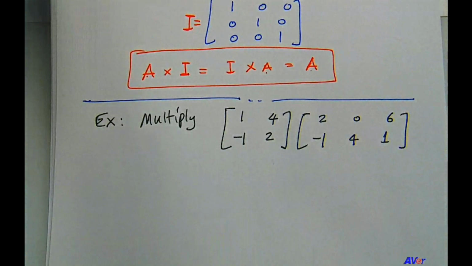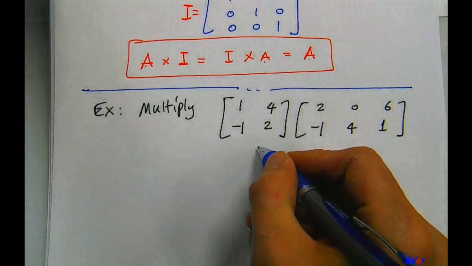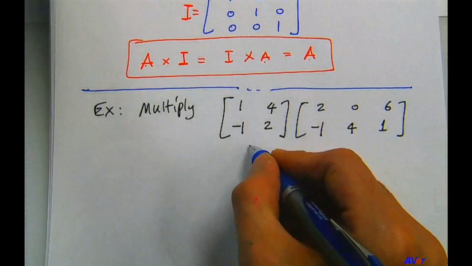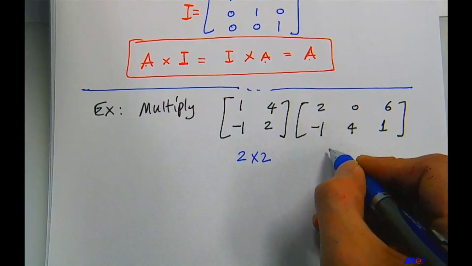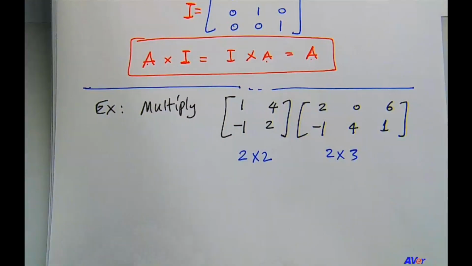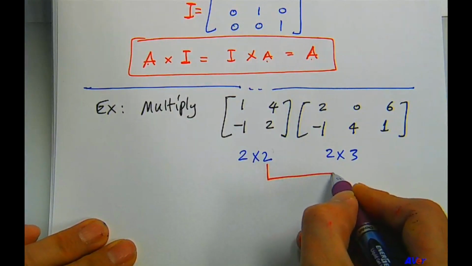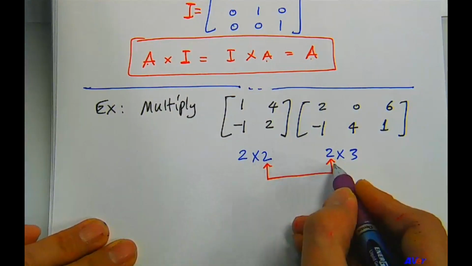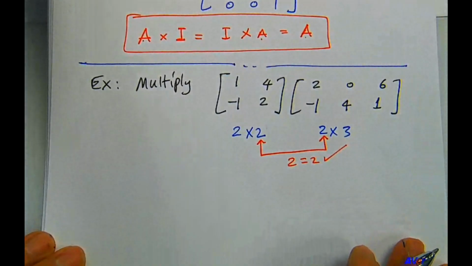Okay, so first let's check quickly what the dimensions are and if this is possible or not. Well, the dimensions of this one is 2 by 2. Dimensions of this one is 2 by 3. And the number of columns in the first one is equal to the number of rows in the second. 2 equals 2. So yes, the multiplication can be performed.